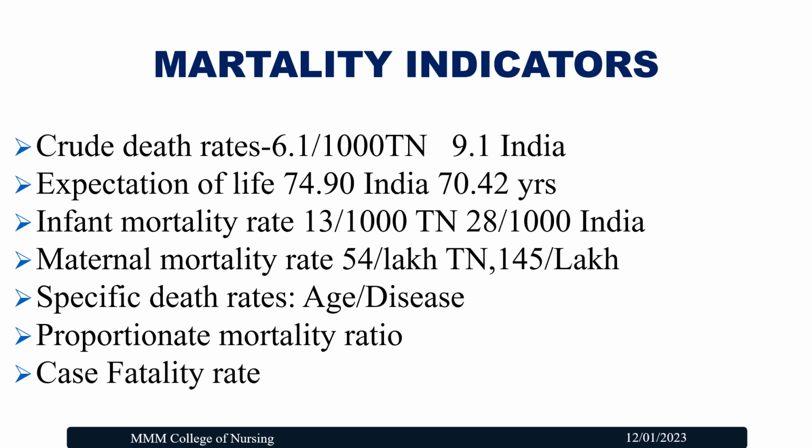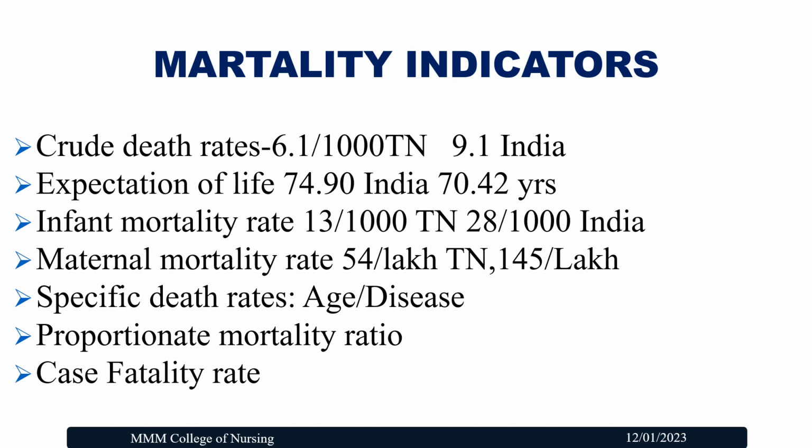Infant mortality rate covers the period from birth to before the first birthday of the child. If the child has died in that period, we include it in the infant mortality rate. The current IMR is 13 per thousand live births in Tamil Nadu and 28 per thousand live births in India.